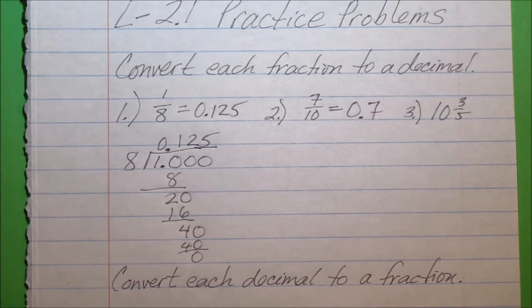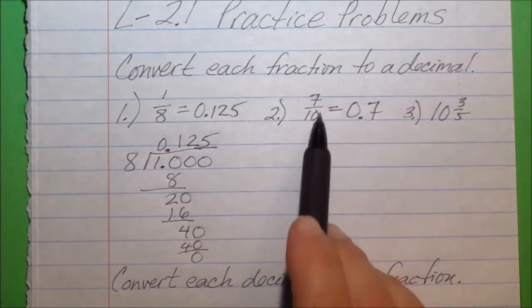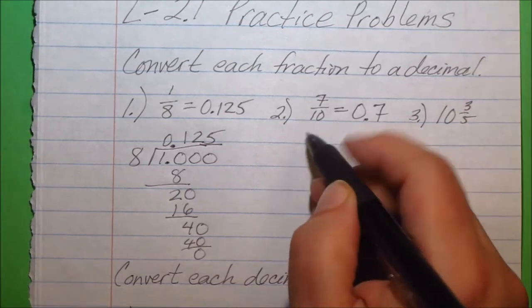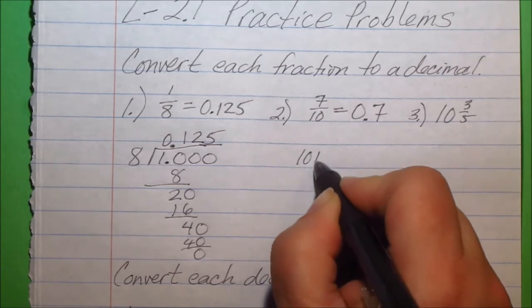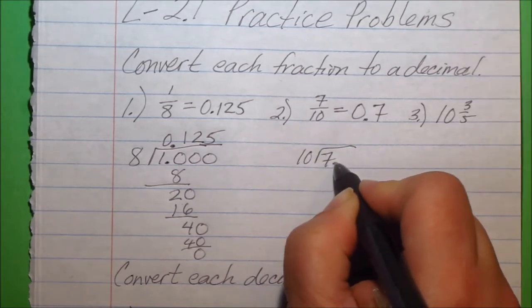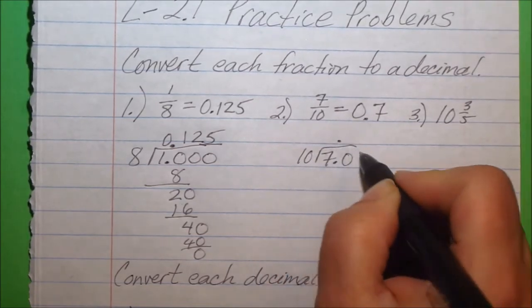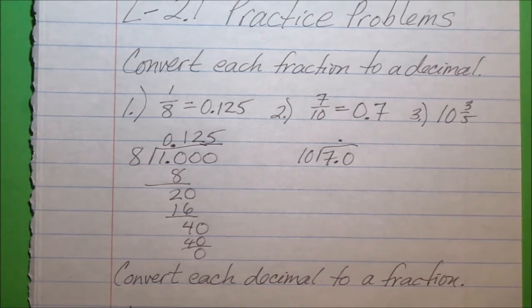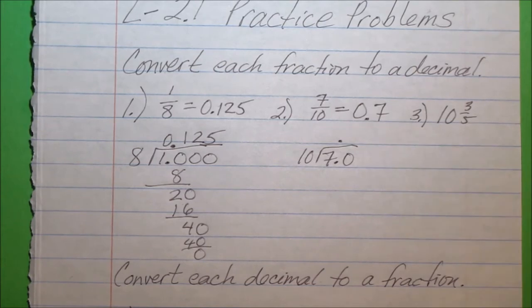So I don't even have to do all that dividing to understand that 7/10 is 0.7. Again, your teacher may require you to set this up as 10 divided into 7, put a decimal and get going there. But I kind of hope that you do recognize that that kind of work isn't necessary in that problem.